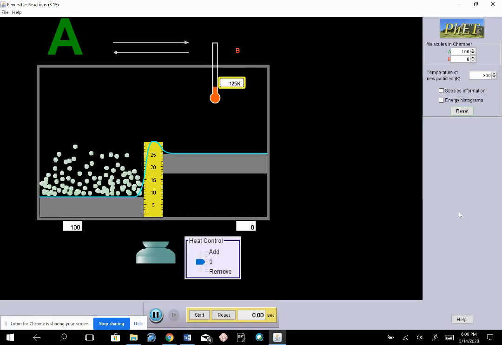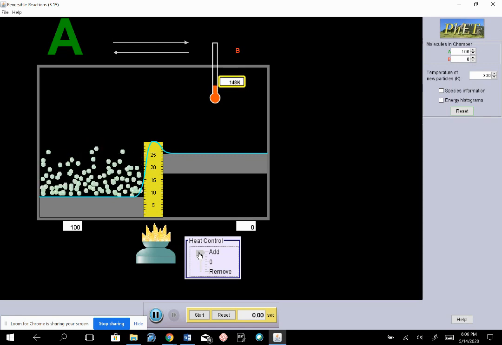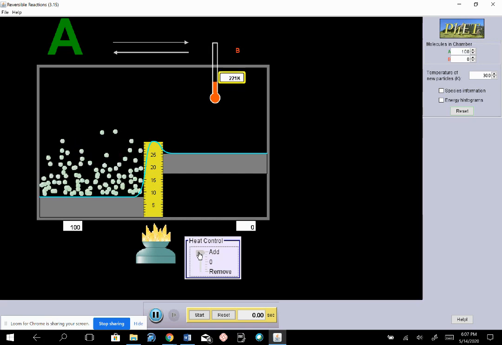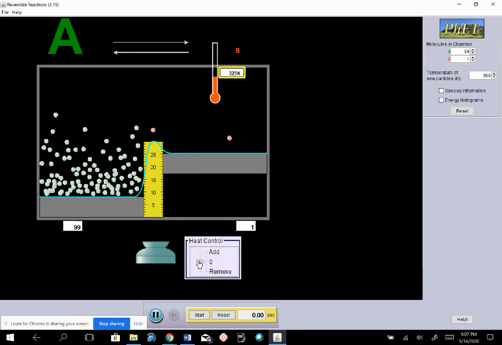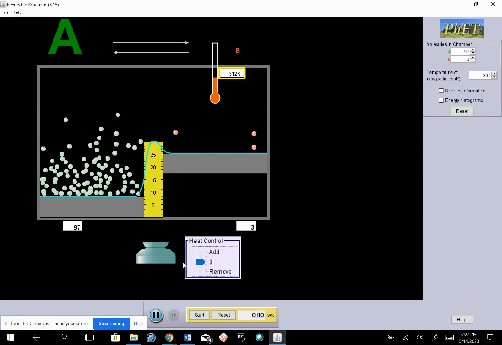So notice, it's taking a while to get anything into the B. I'm going to bump the temperature up. I don't know why. It says it's supposed to start off at 300 Kelvin. I want to get this temperature up. Otherwise, this is not going to happen. It looks like we're stuck. There we go.